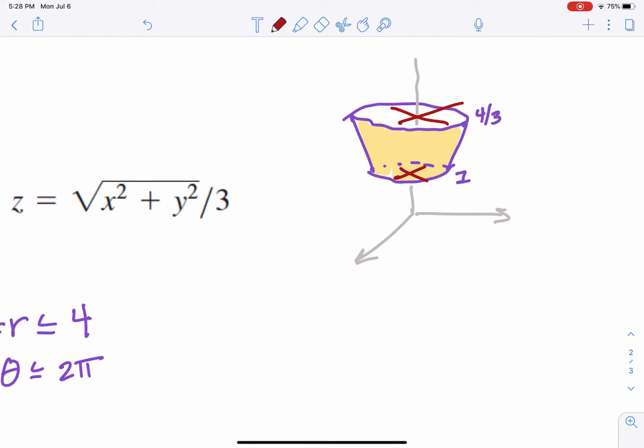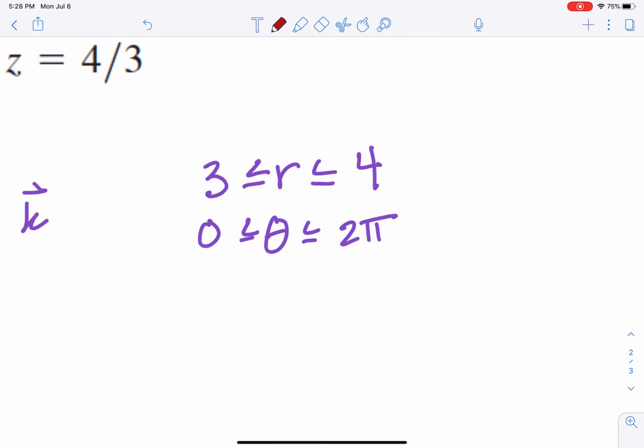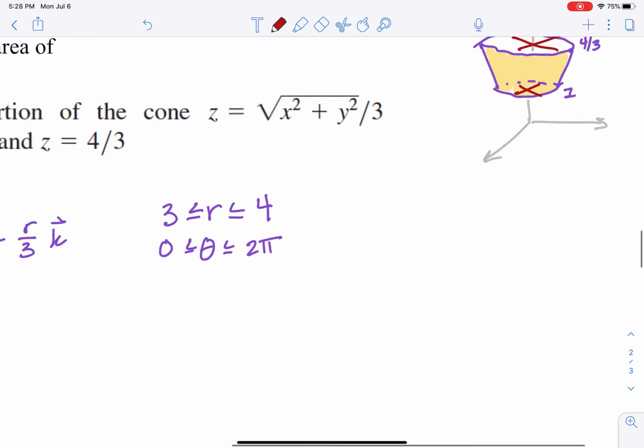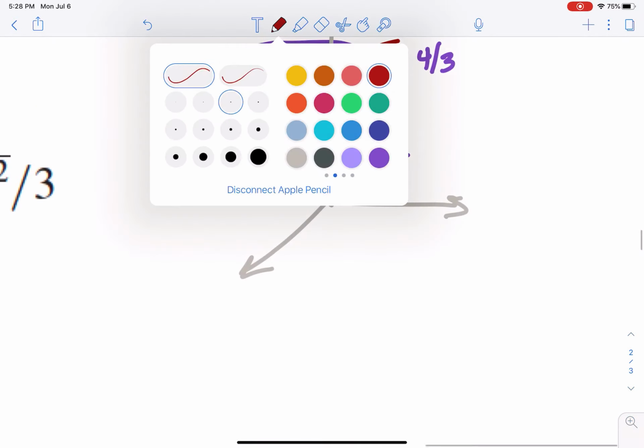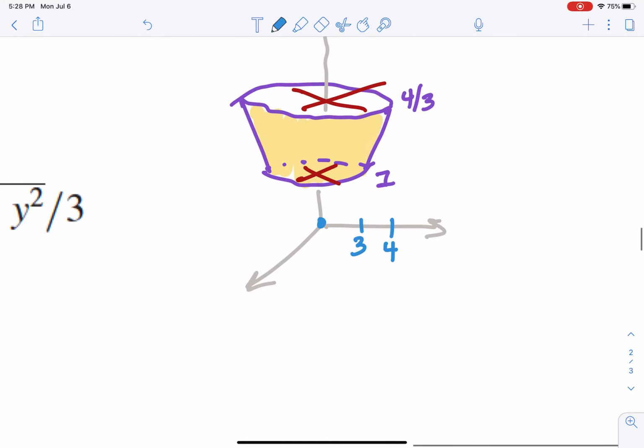And this is reflected in the r bounds. So in the bounds of r on the xy plane, you know that they only go from r equals 3 to r equals 4, which would be this portion that goes from r equals 3 to r equals 4, which is the shadow of this shape on the xy plane if you imagine the top and the bottom to be hollow. So that would give you this shape here for the r bounds, which makes sense.